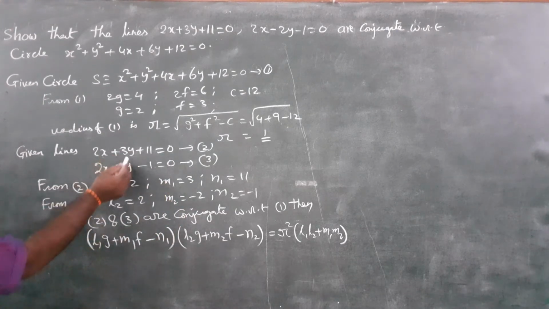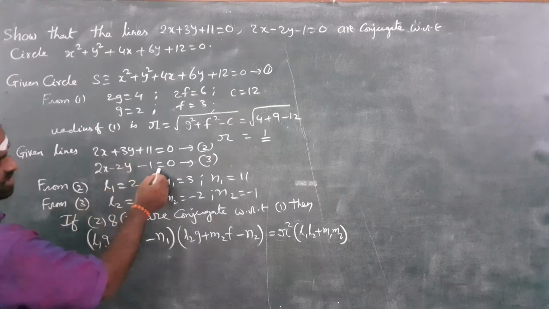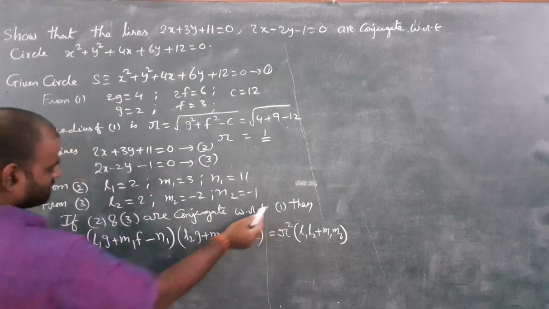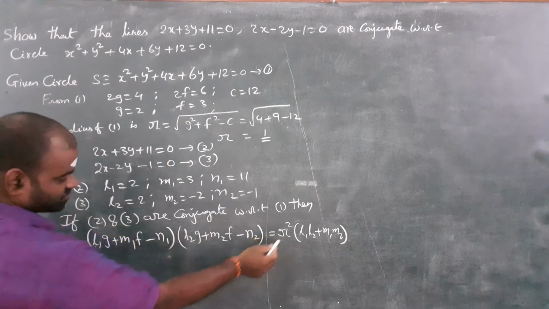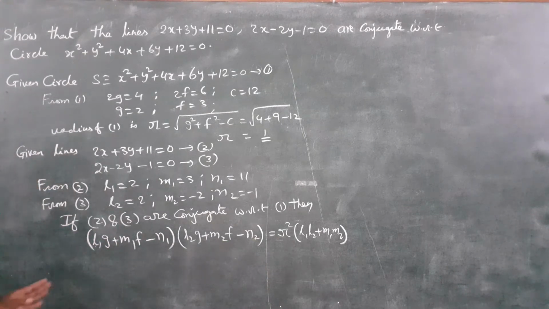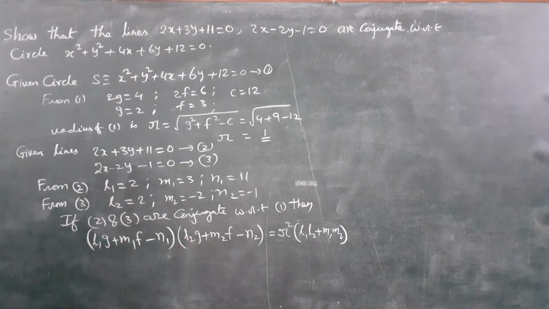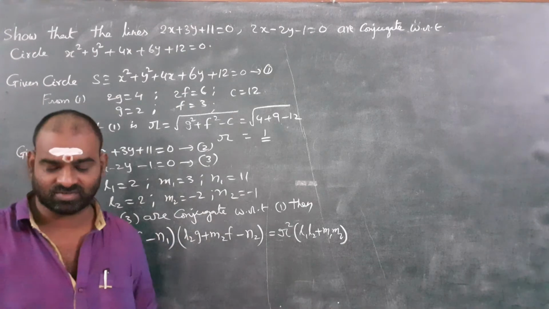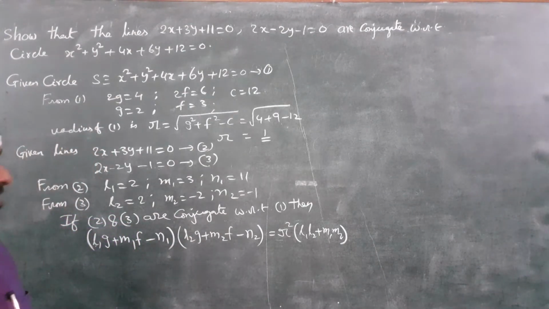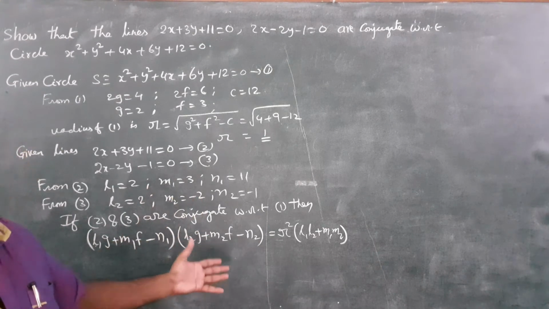Now, if these two lines are conjugate with respect to the circle, then the condition is (L1g + M1f - N1)(L2g + M2f - N2) = R²(L1L2 + M1M2). So you substitute the values in this condition.